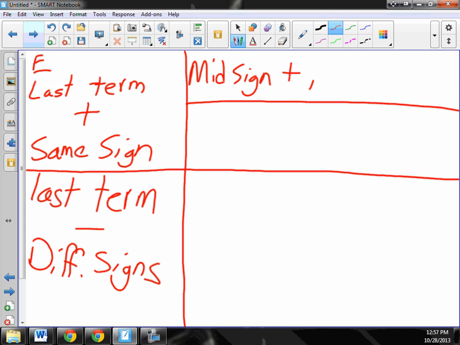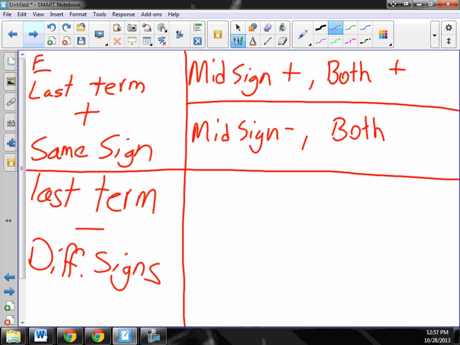So if the last one is positive and the middle one is positive, then they're both positive. And similarly, if the middle sign is negative, then they're both negative. Okay?